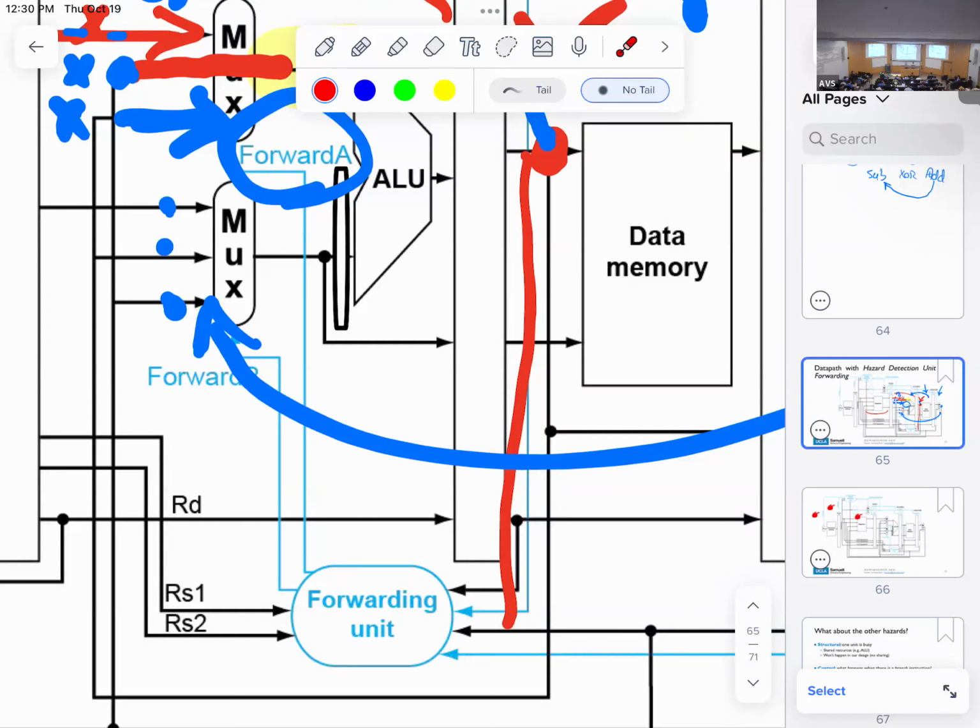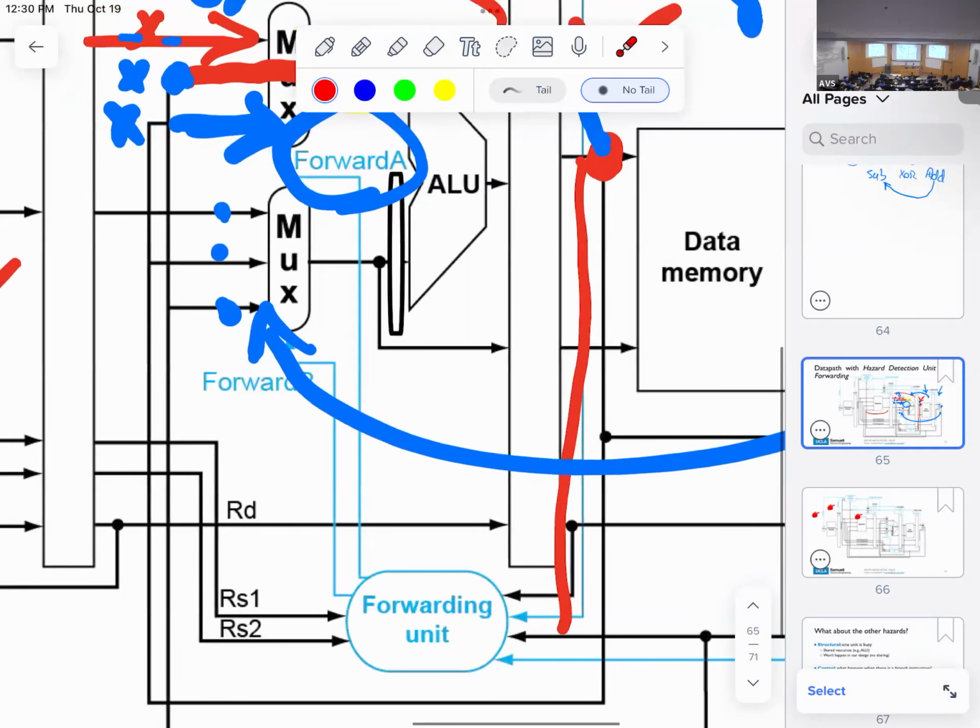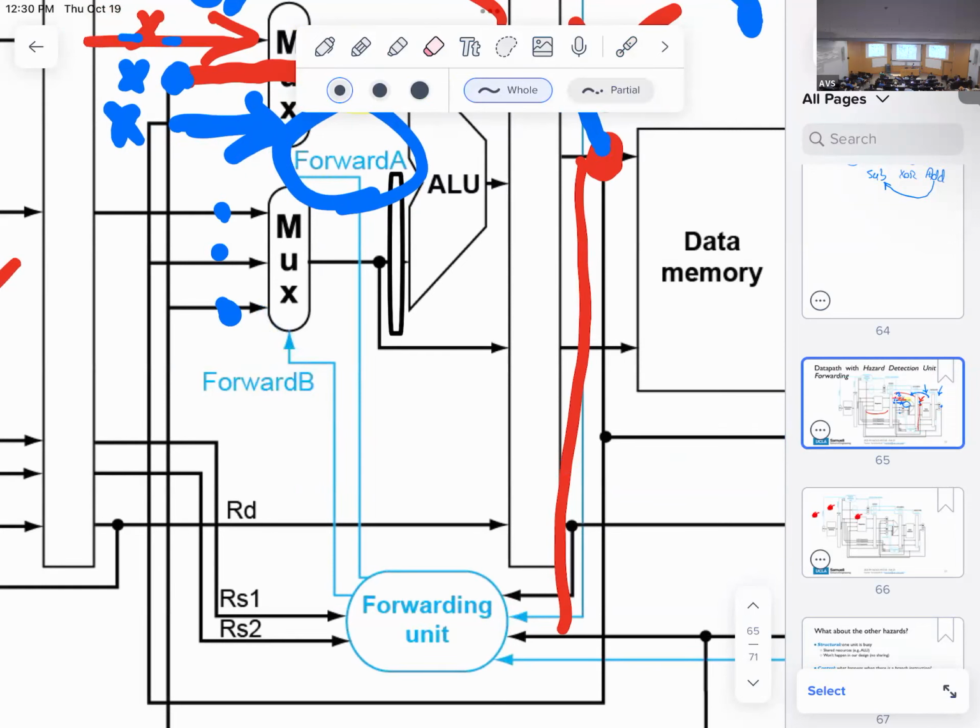The question is, what if you need both? You can do both, right? Because you can issue both of them, because the forwarding unit checks this independently. So you can issue forward B and forward A at the same time. These are two wires, so you can just connect both of them.